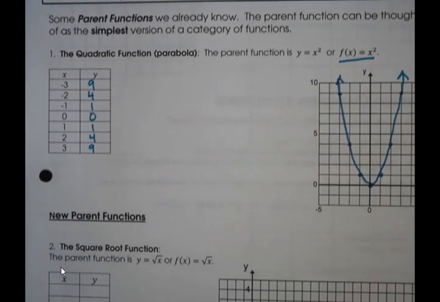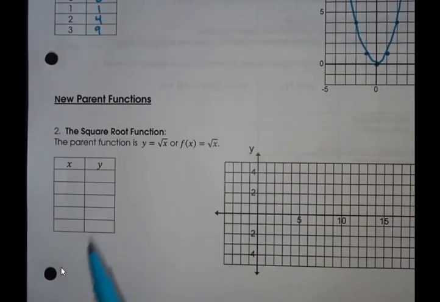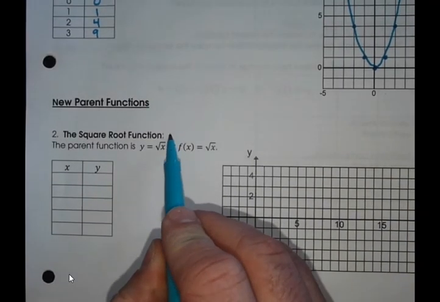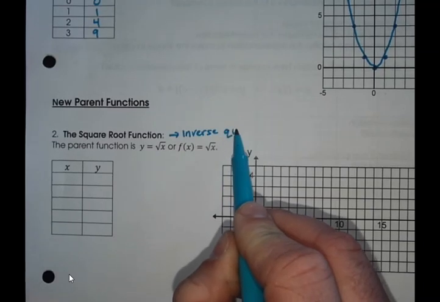Okay. Another parent function that we will look at is the square root function. And the idea of a square root function is kind of like the inverse for a quadratic.